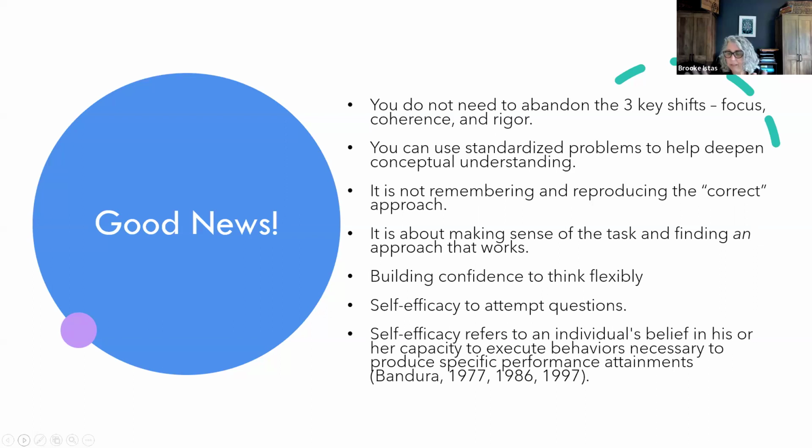And self-efficacy, just because I know it's the big buzzword, sometimes we forget what it means, but it refers to an individual's belief in his or her capacity to execute behaviors necessary to produce specific performance attainment. It's just like metacognition. I've been reading a lot lately about metacognition, and I know that word and I've heard it a lot, but really it's about reflecting on the learning that you personally learn. And so giving students that space to reflect on that is very vital in their understanding and development.